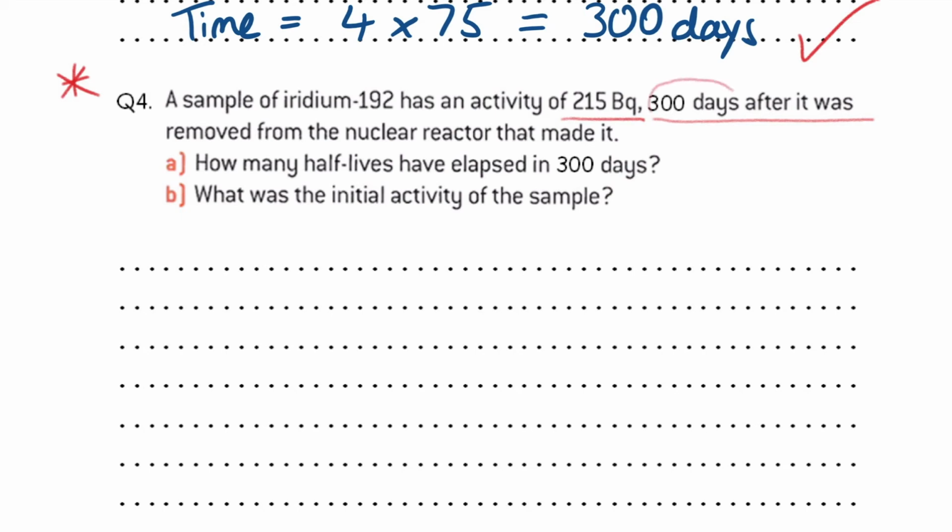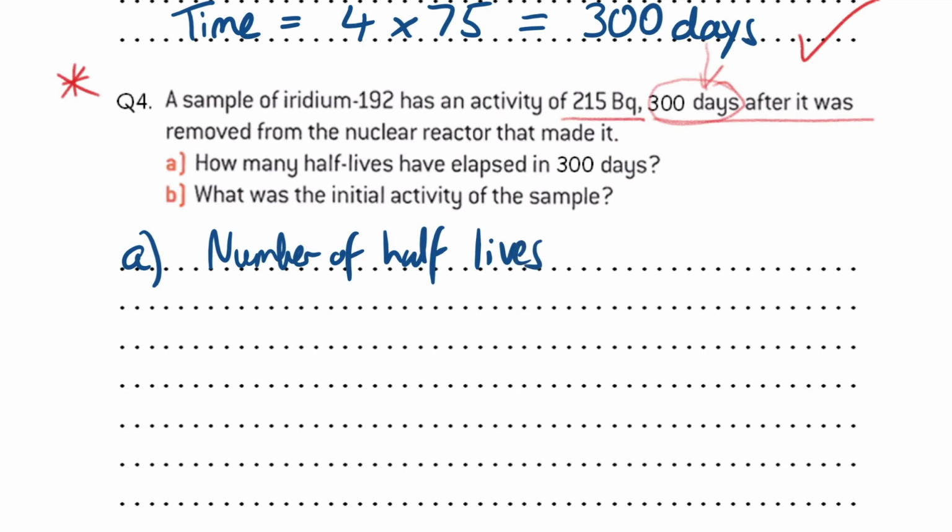Now we know 300 days from here is 4 half-lives. How many half-lives have elapsed? Well, we know it's 4, but just to show it again, for the number of half-lives you divide 300, the total time, by the duration of 1 half-life, and you get 4.